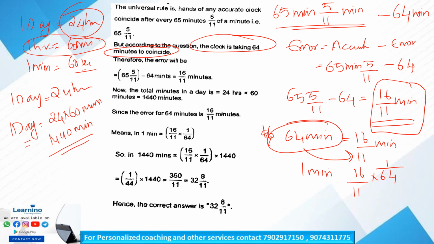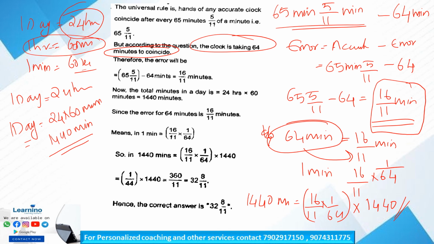Is that clear? So what is the value for 1440 minutes? It is 16 by 11 into 1 by 64 into 1440. By solving this we will get the answer.